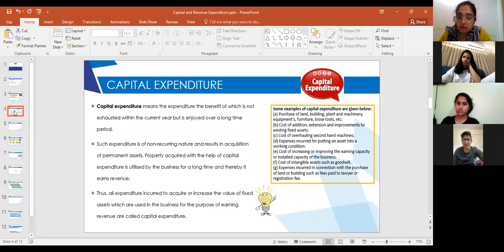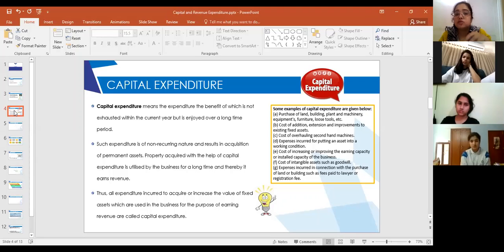Capital expenditure means that expenditure, the benefit of which is not exhausted within the current year, but it is enjoyed over a long period of time. So I am spending money to buy an asset, right? I bought a machinery. I installed it.